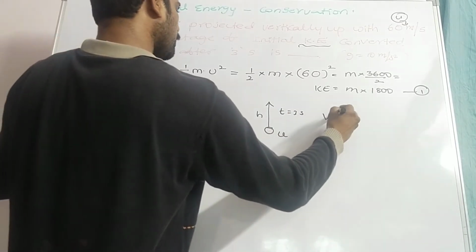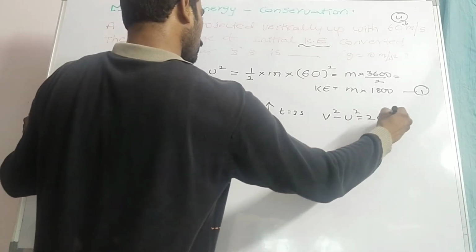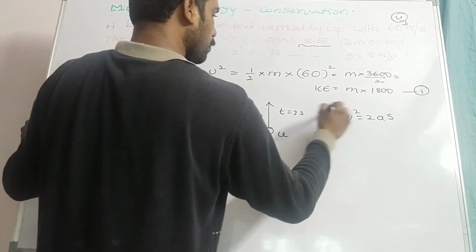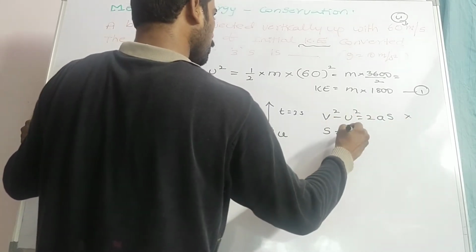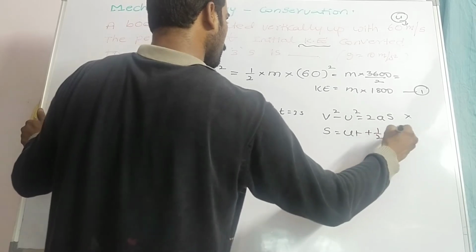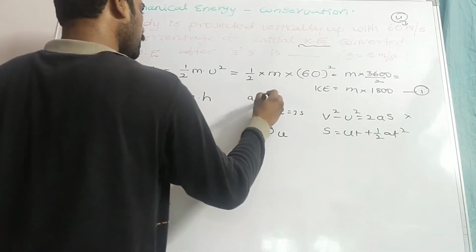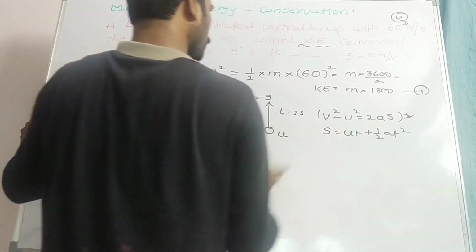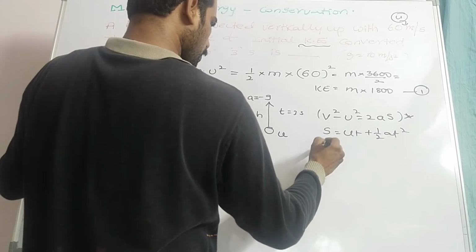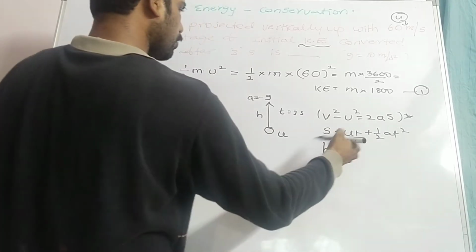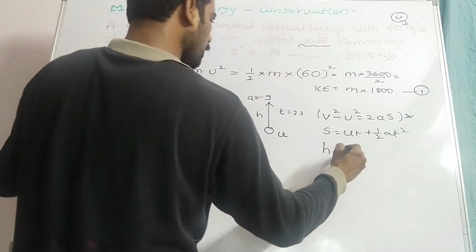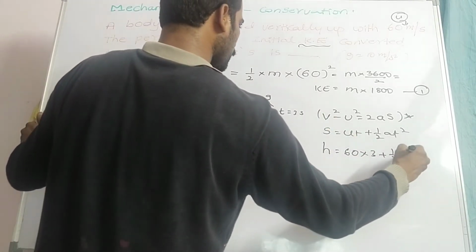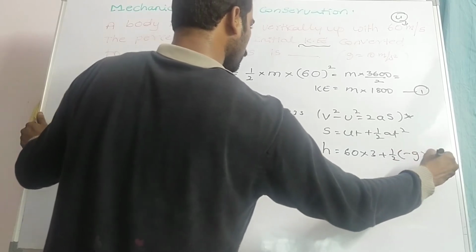We have the equation of motion v square minus u square is equal to 2as, but there is no final velocity, so it's not useful for us. Now s is equal to ut plus half at square, and as the body is moving up, we have to take a is equal to minus g. So h is equal to 60 into 3 plus half into minus g into 3 square.